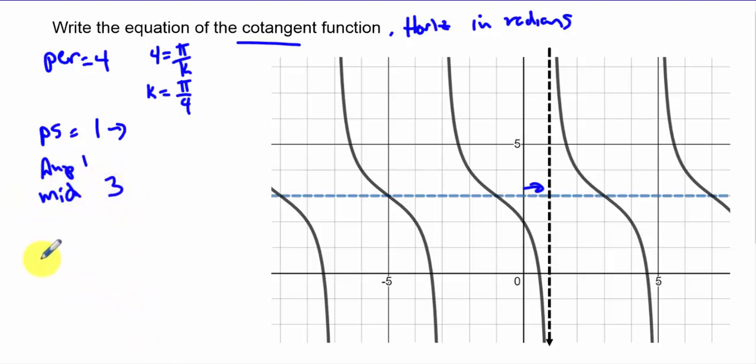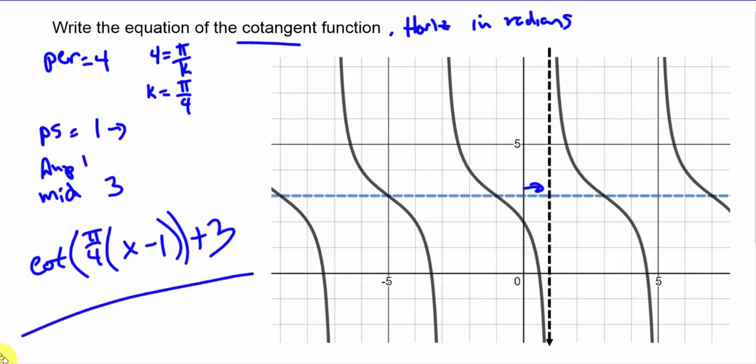So now I should be able to write this. I have the cotangent. I need my k value, which I have of pi over 4. X minus 1, since it moves to the right, plus 3 should be my equation for this graph.